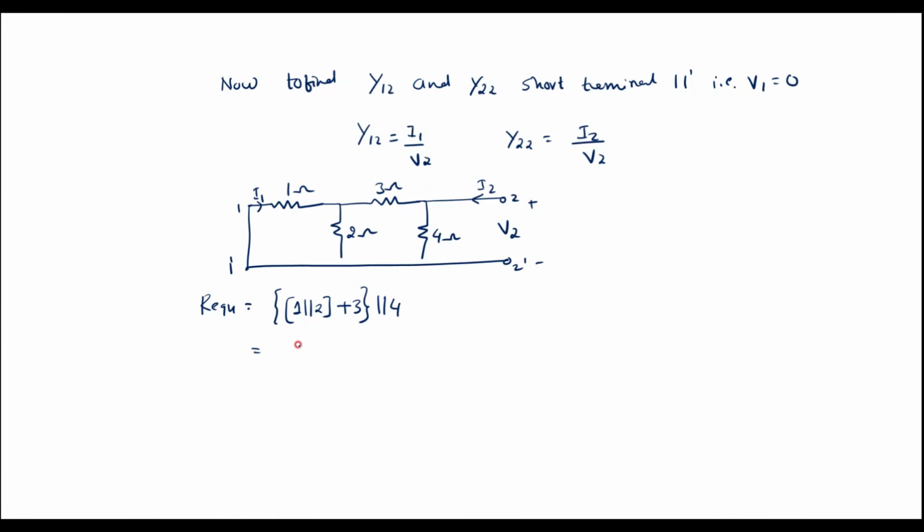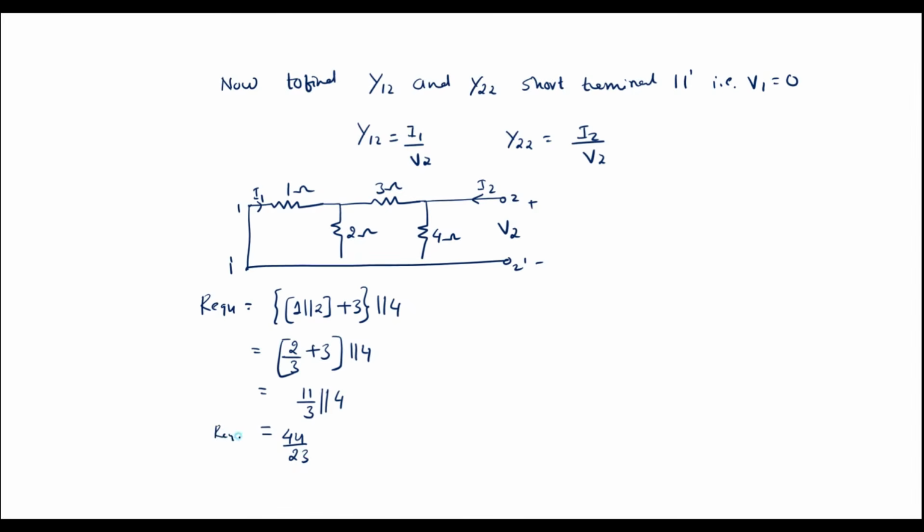So 1 parallel with 2 is nothing but 2 by 3, plus 3. Then this combination is parallel with 4. 2 by 3 plus 3 is nothing but 11 by 3, parallel with 4, or I can write 11 by 3 into 4 divided by 11 by 3 plus 4. So it gives 44 by 23.